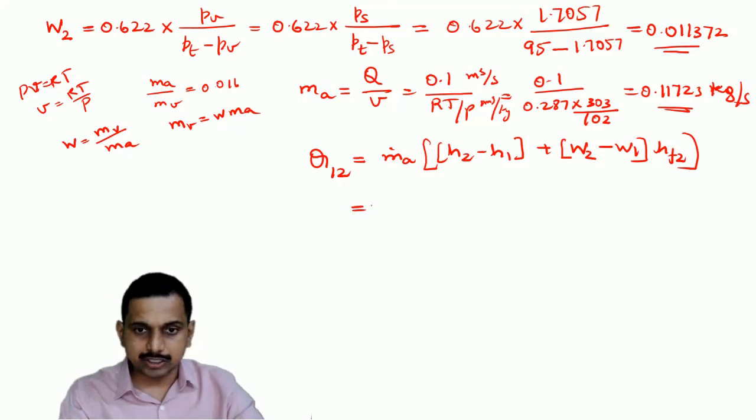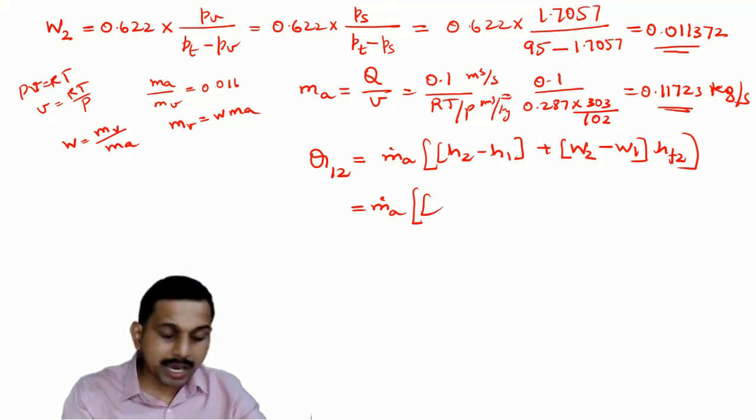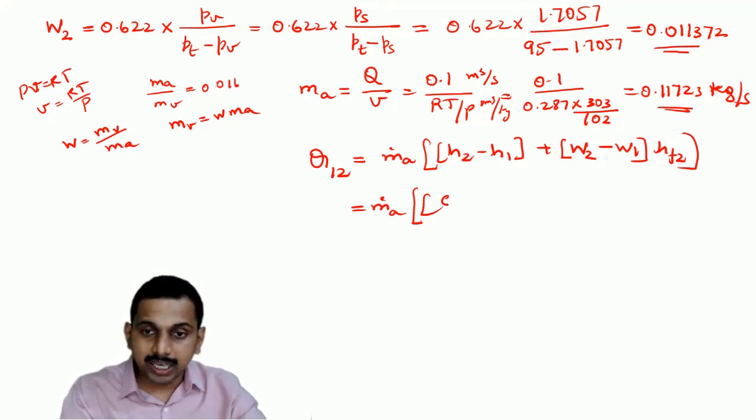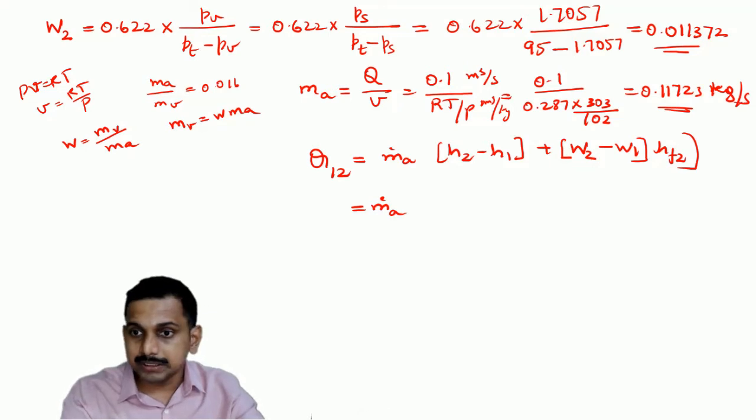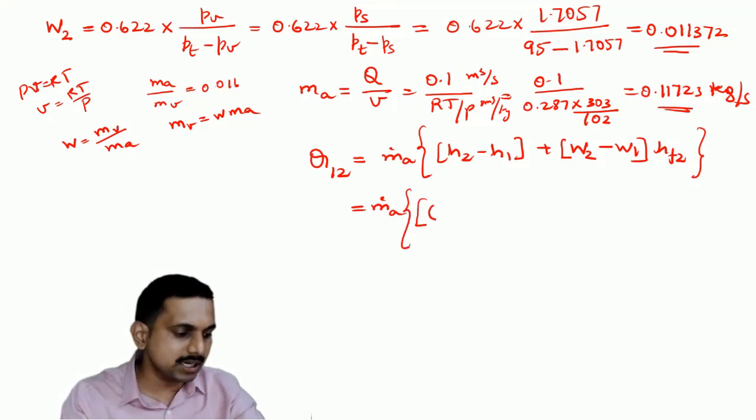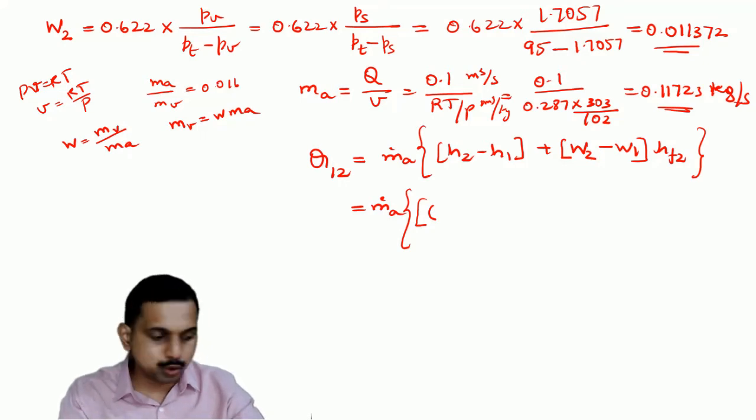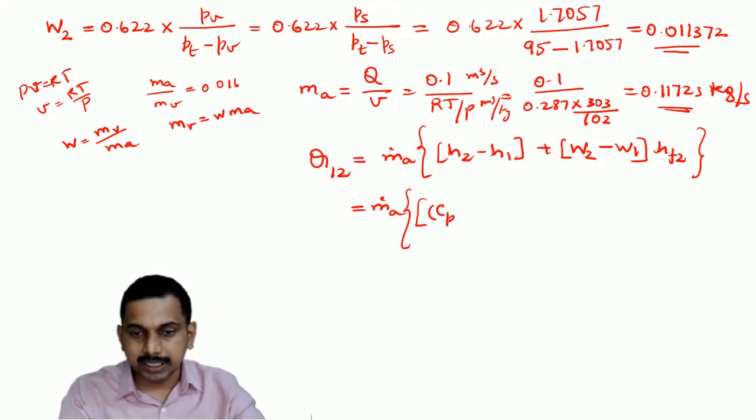But there is another catch here. This M dot A into H2, when I take, H2 has to be taken with another bracket. Let me replace this by a flower bracket so that we get better, and inside this bracket, another small braces I will have. So H2 can be written as Cp air into T2, correct, temperature.